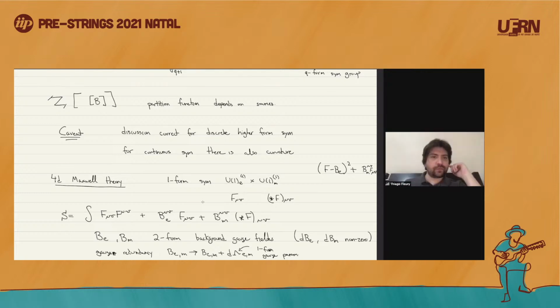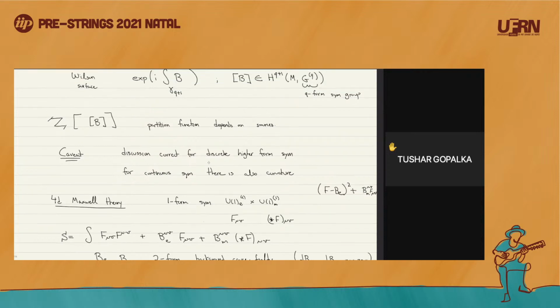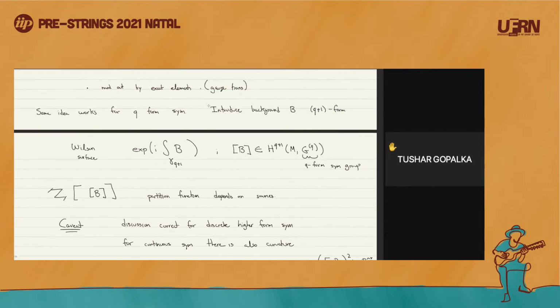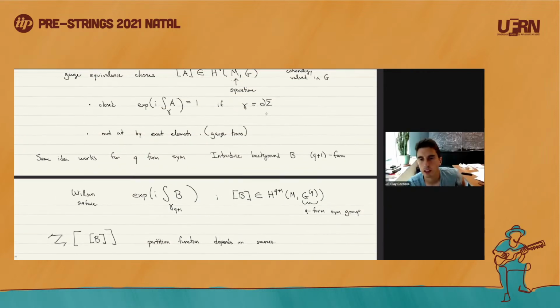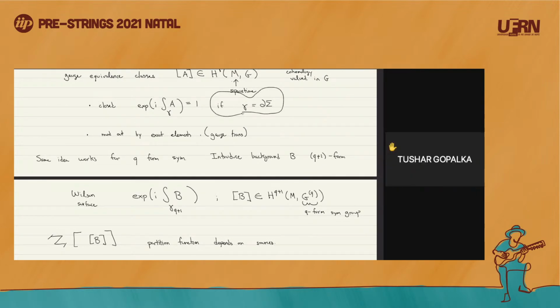So Tushar, I just had a small clarification. So this exponential of i integral A on gamma, why is this one? I mean, naively, I would think that if gamma here... Yeah.